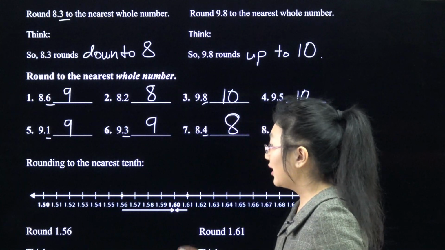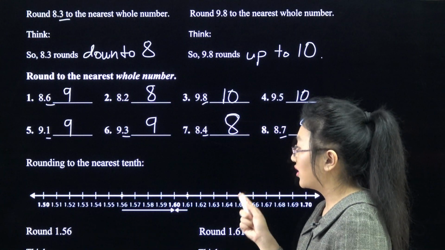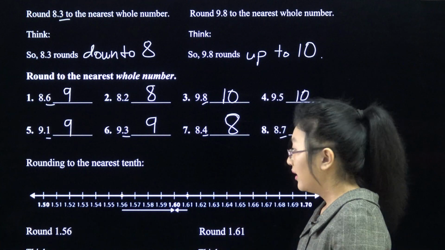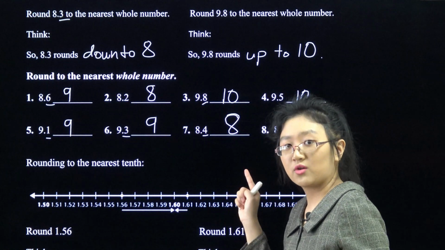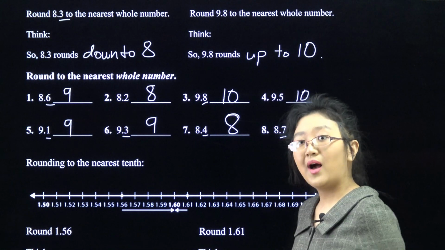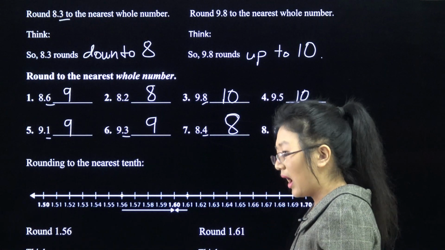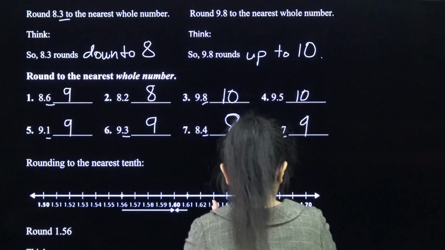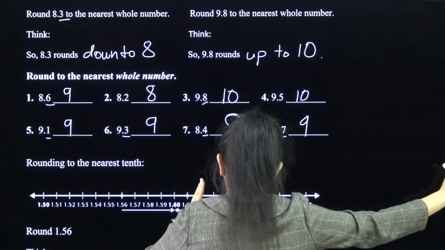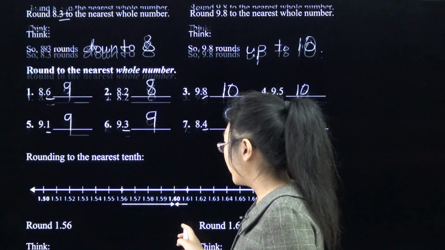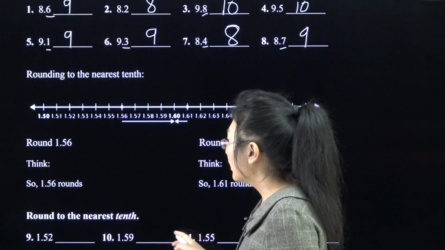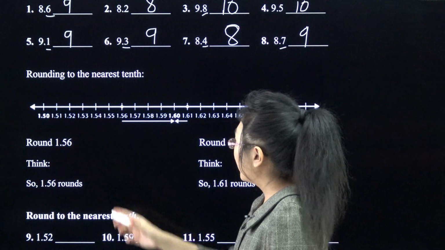Okay, now that we're done that, we're going to learn about rounding to the nearest 10th. So instead of looking at the 10th place, like we do for rounding to the nearest whole number, we look at the 100th place. I.e., we just look at the place that's 1 to the right. We can use a number line if we want, again. For example, round 1.56.